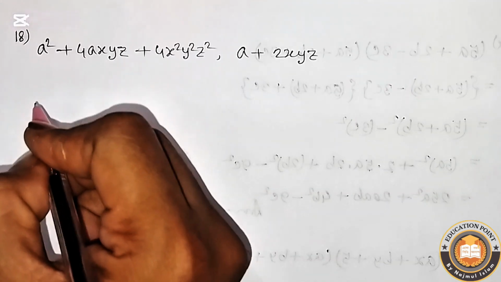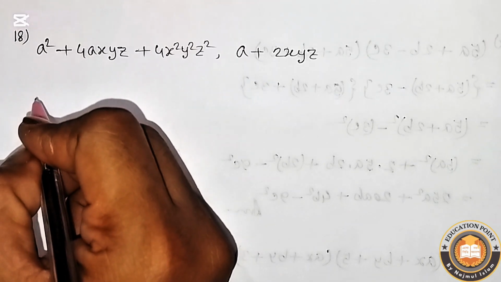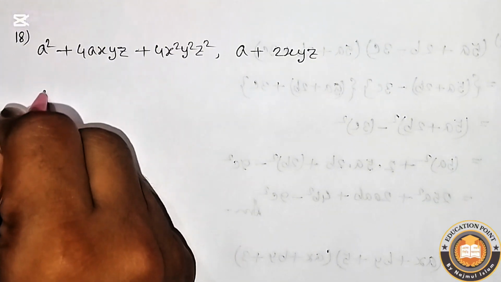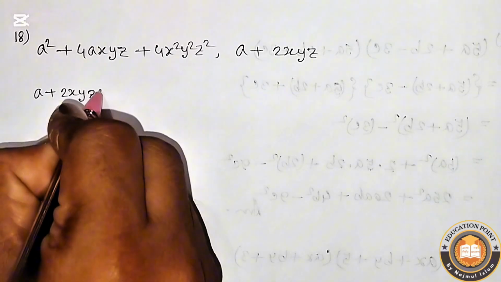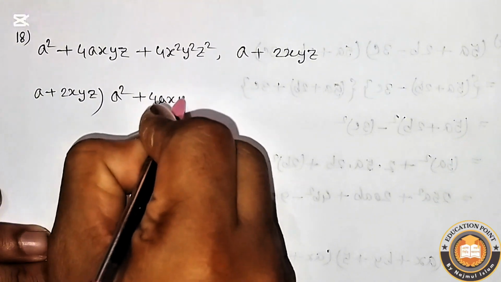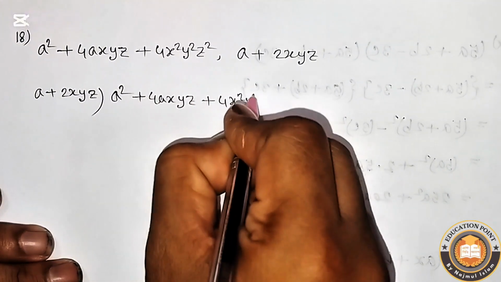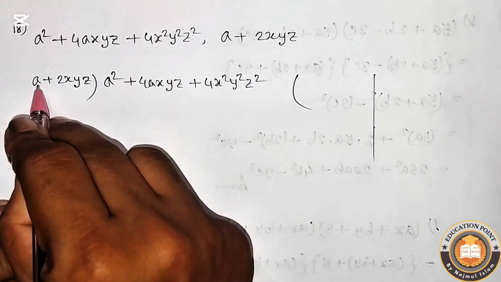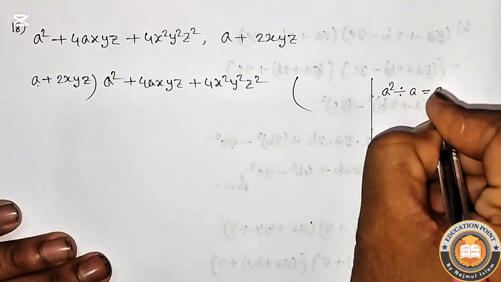Number 18: a square plus 4axyz plus 4x square y square z square divided by a plus 2xyz. At first, a square divided by a equals a.